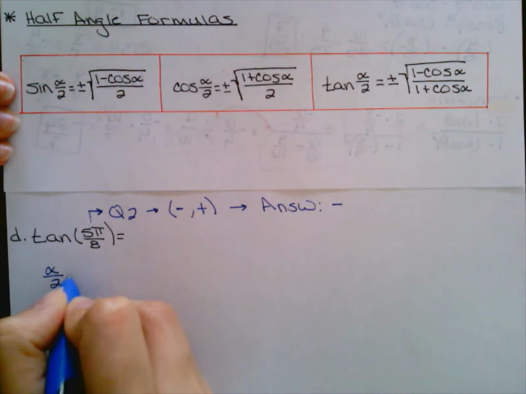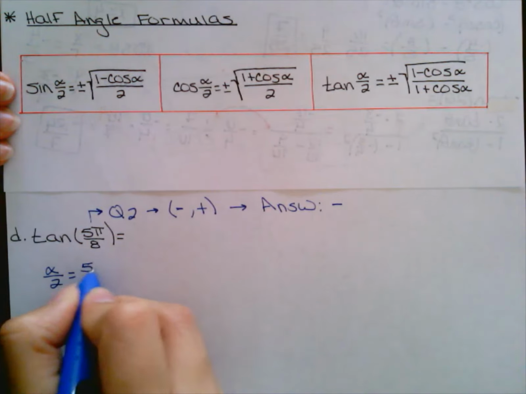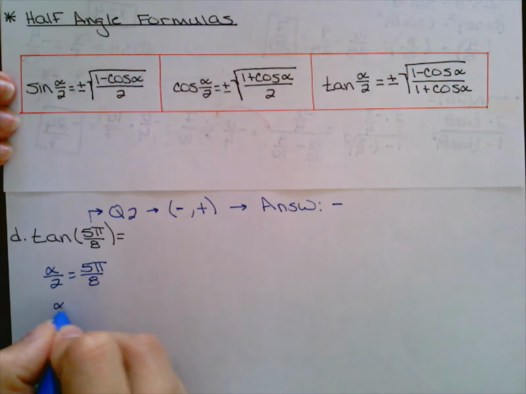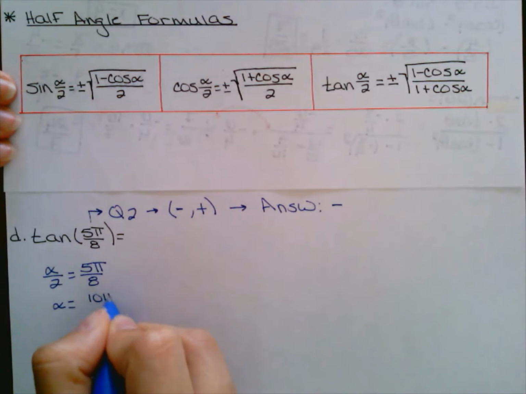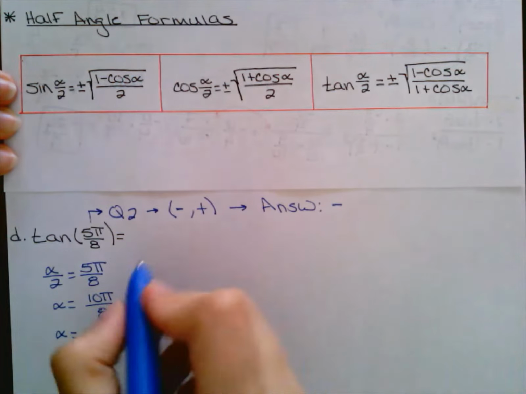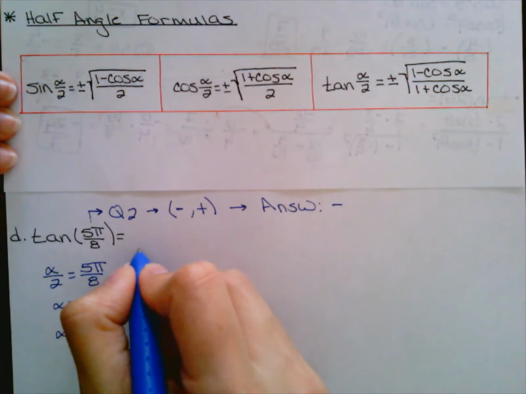If alpha over 2 is what should be in the parentheses, we set them equal. Multiply that 2 over. And let's reduce so we can recognize the value that is on our unit circle: 5 pi over 4. Plug that into the formula. Again, my answer is going to be negative.